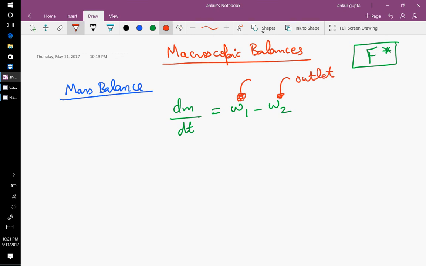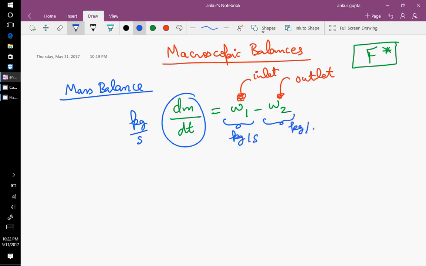We can see which opening in our control volume has mass coming in and which has mass going out. So this is just an equation of conservation of mass. The units of dm/dt are kg per second, w1 is also kg per second, and w2 is also kg per second.